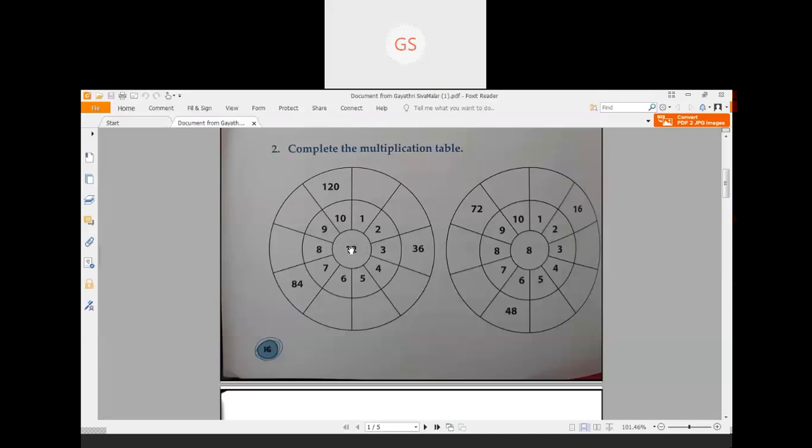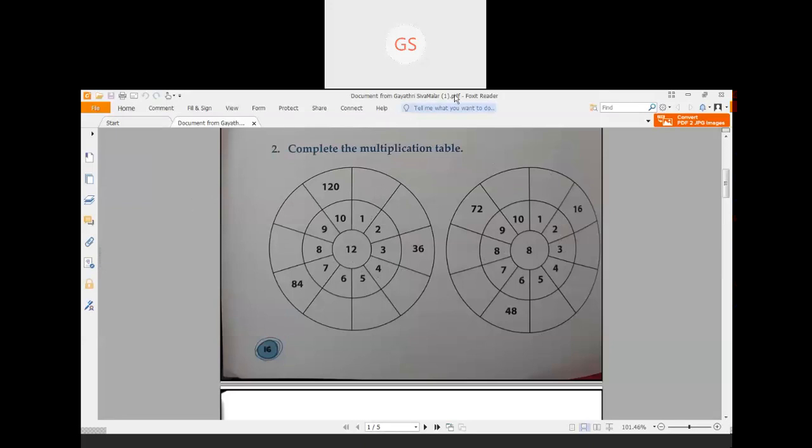So here 12 tens are 120. Likewise, you have to fill all the places. The second one you will do by yourself, and the first one alone we will do now. What do I have to write here?